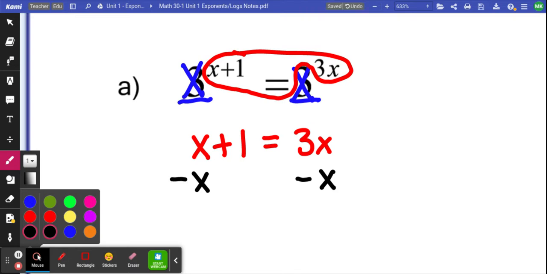I'm moving my x's all to the same side of the equal sign. On the left-hand side, x minus x cancels out, and I would be left with a positive 1. On the right-hand side, 3x minus 1x would equal 2x.